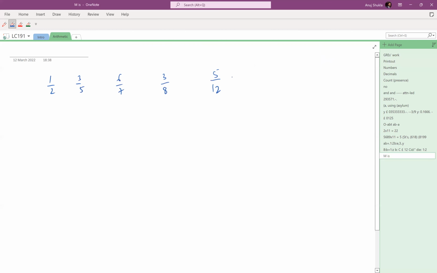And you have to compare. You have to find the greatest fraction and the lowest fraction. How are you going to do it?